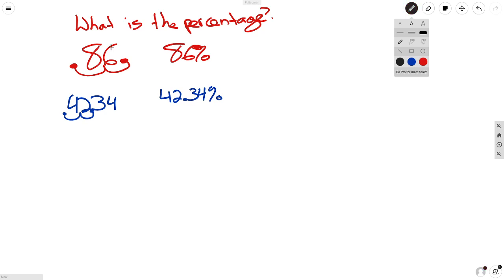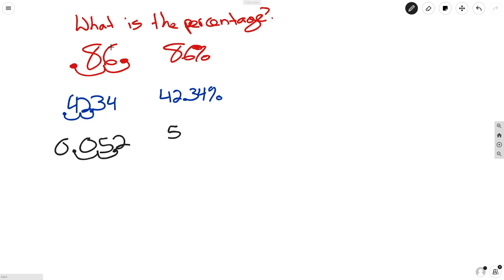Let's say we have 0.052. Again, we just move the decimal over 2 spots, and that ends up being 5.2% because we can drop the leading zeros.